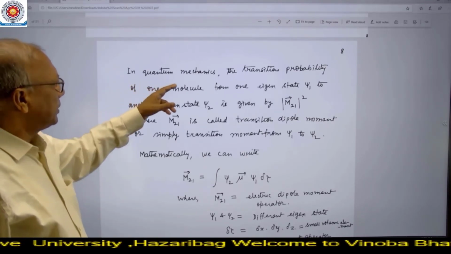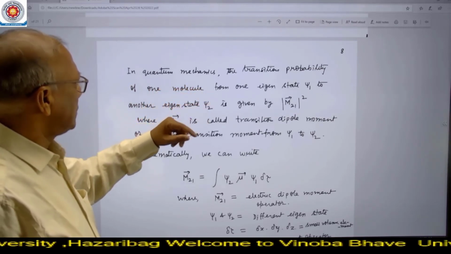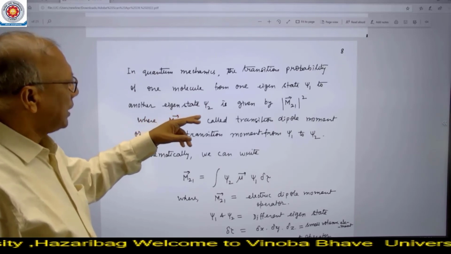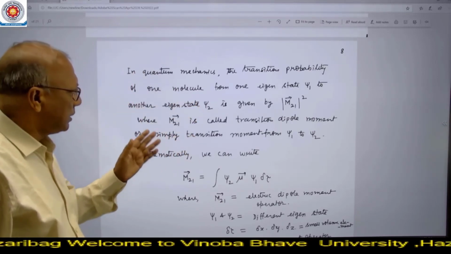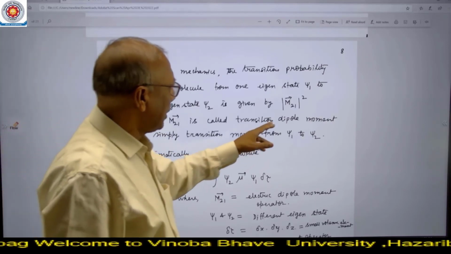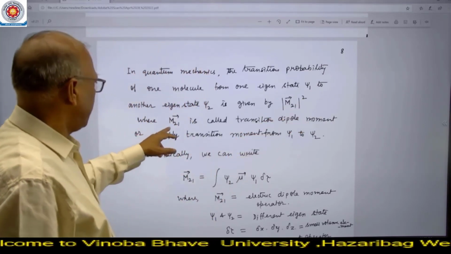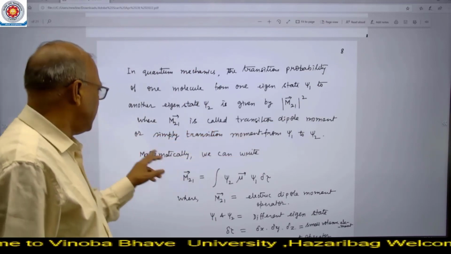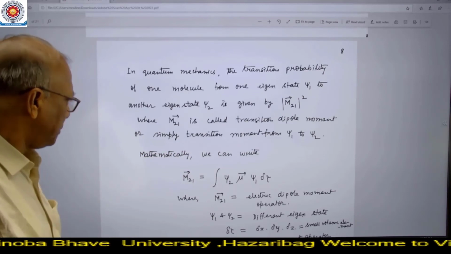In quantum mechanics, the transition probability of a molecule from one eigenstate psi1 to another eigenstate psi2 is given by |M21|squared, where M21 is called the transition dipole moment or simply the transition moment from psi1 to psi2.